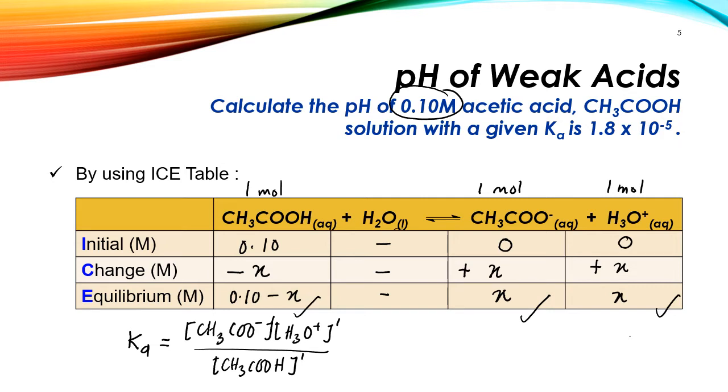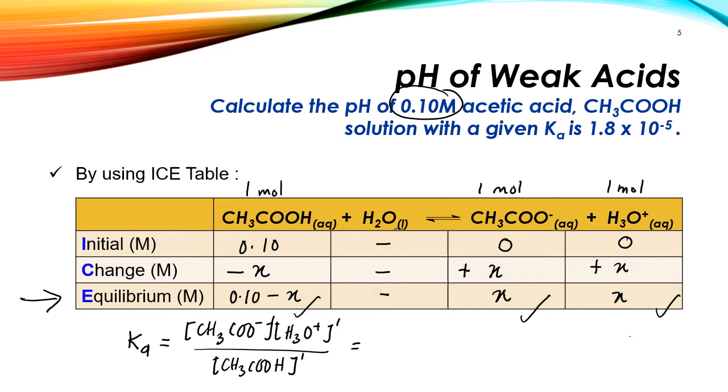Since the Ka is the equilibrium constant, the value that needs to be substituted into the expression must be the equilibrium value. For the equilibrium value, we can refer to the ICE table, represented by the third row of the table.